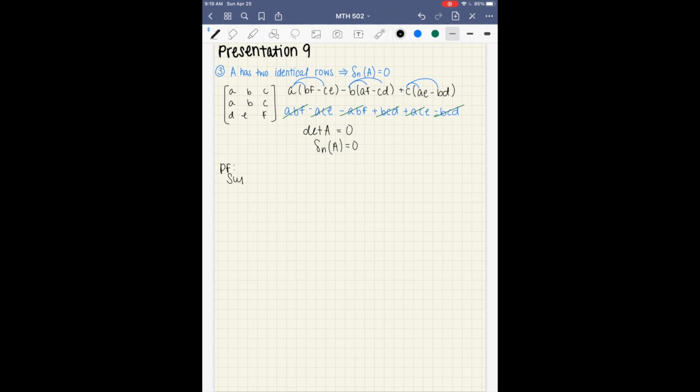So the first thing I did was I supposed that row I and row J of A are identical, just like how we had in our matrix.